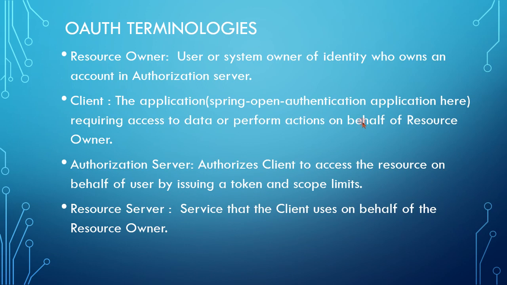The customer's vehicle, that is the resource owner's vehicle, would be parked by a person from the shopping mall to assist the customer or to delight the customer. So the person who is parking the car is called the client, and the car is the resource of the resource owner.